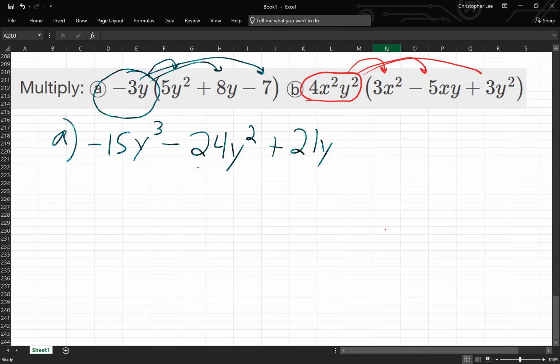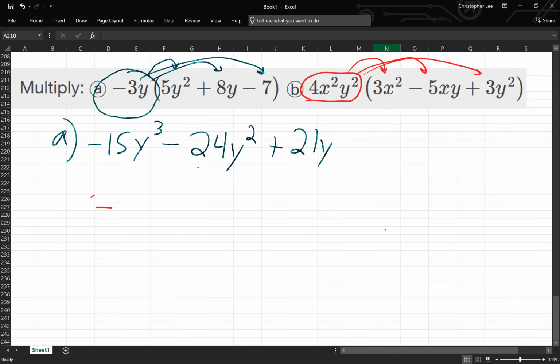Where did you get the negative? I know how you got the negative 15, but why is it y to the third? I know the y is next to the 15, but how did you get to the third power? Oh, I got you.